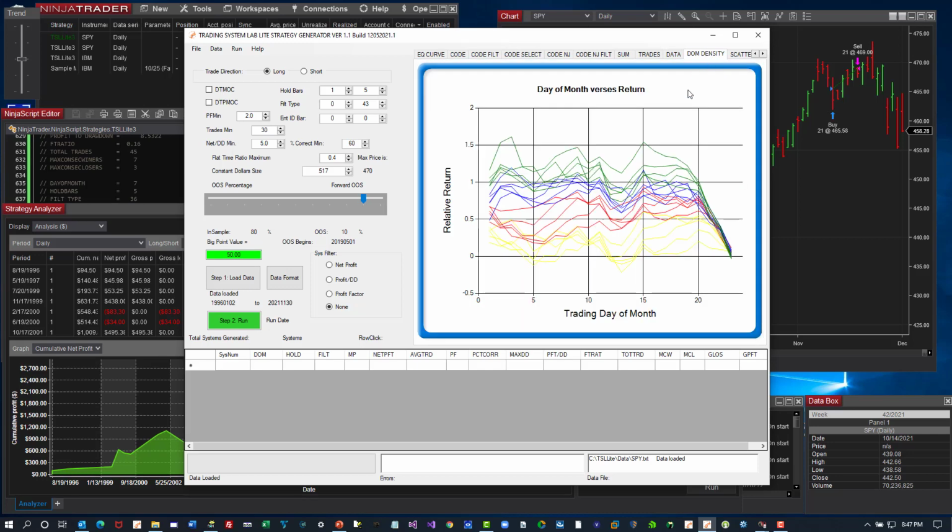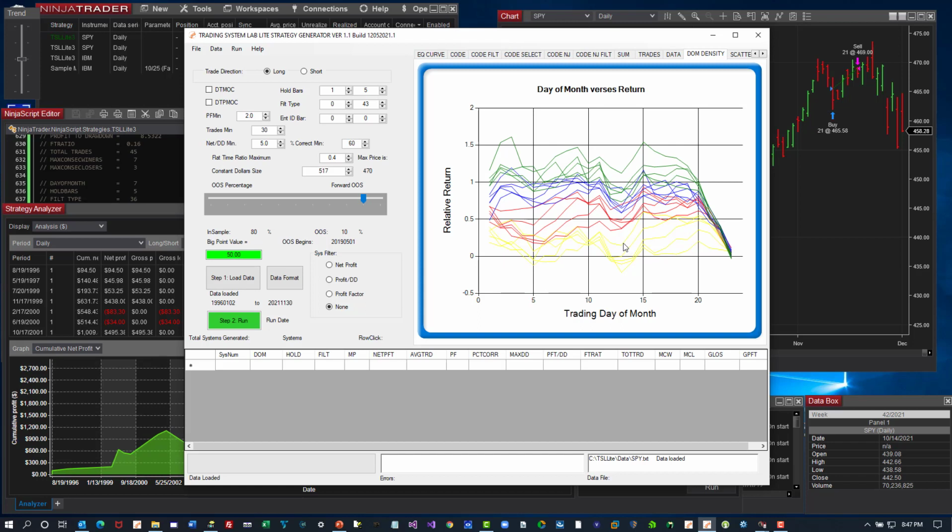The day of month density plot is shown here, and as we can see, in the middle of the month there's this depression of returns. The light colored returns are 1 to 5 days in the future. The green colors are 15 to 20 days into the future, and the other colors represent intermediate holding periods. So for the day of month around the 13th day of the month, we see this depression in the relative returns on this market.